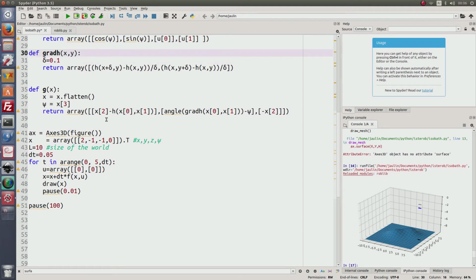And I have an approximation of the gradient. The gradient is used here, and I obtain a vector. This vector has an angle, which is computed by the angle function which is given in roblib. And I will remove psi, corresponding to the heading.